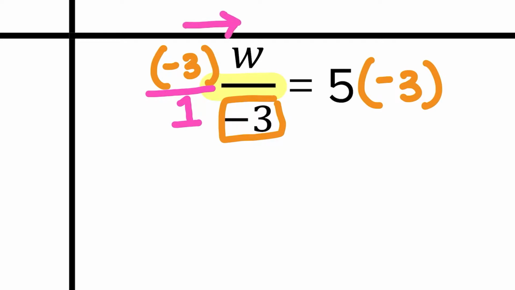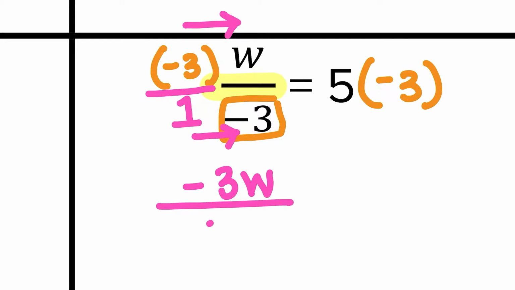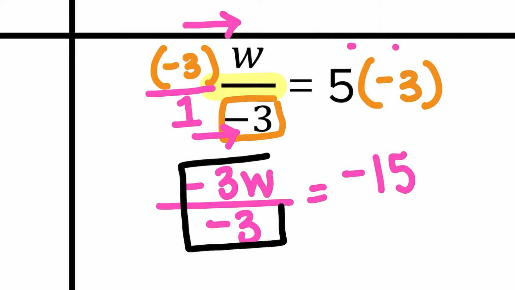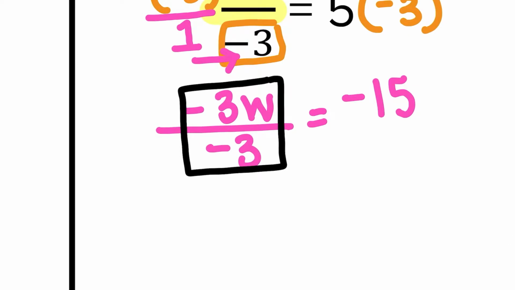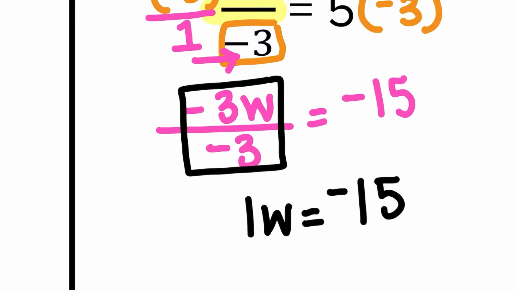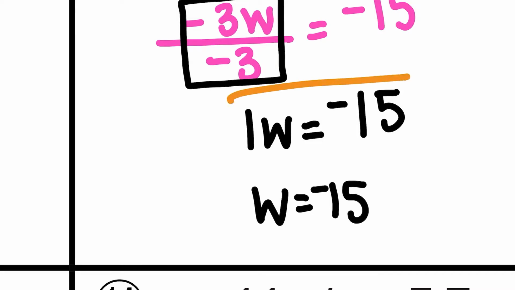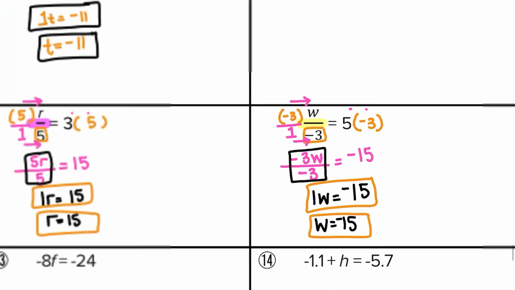So negative 3 times w, that's negative 3w, divided by 1 times negative 3, negative 3, and that should equal 5 times negative 3, negative 15. Did that give us a coefficient of 1? Well, negative 3w divided by negative 3 is just 1w equals negative 15, or w equals negative 15. Either one of them is correct.